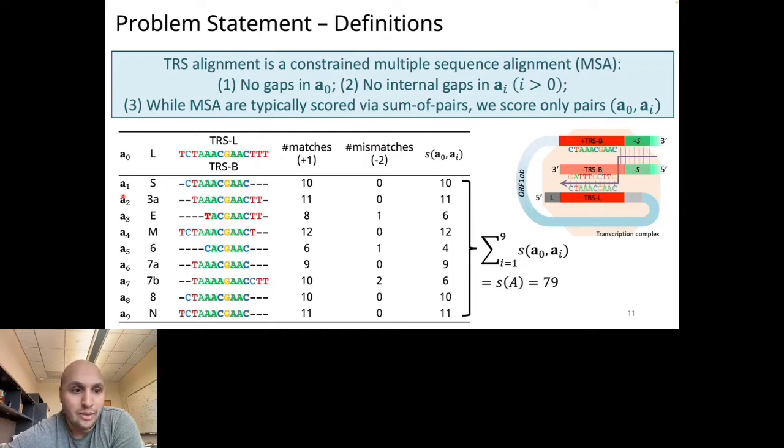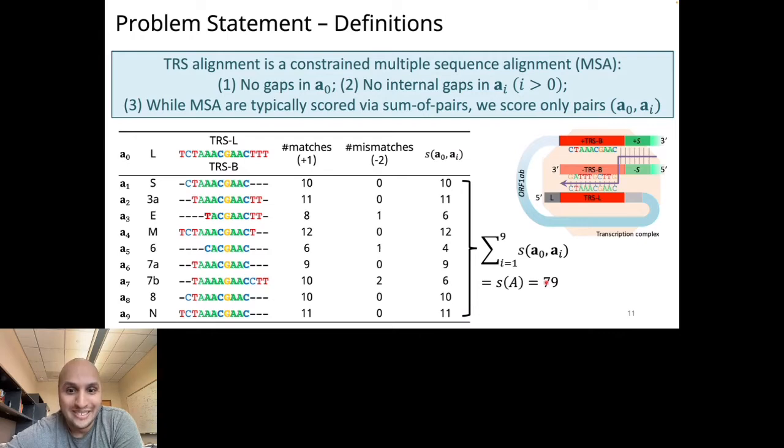So we look at matches and mismatches between body sequences and the leader sequence. For instance, if you use a scoring function that assigns a score of +1 for matches and a penalty of -2 for mismatches, these are the scores you would get. So the score of this alignment is, for instance, 79 over here.